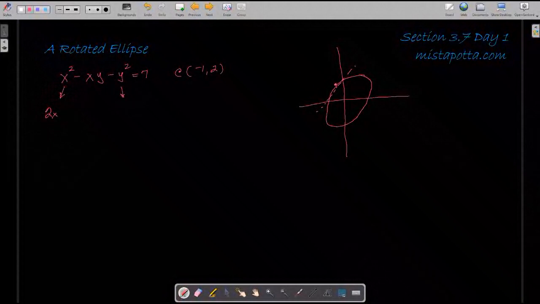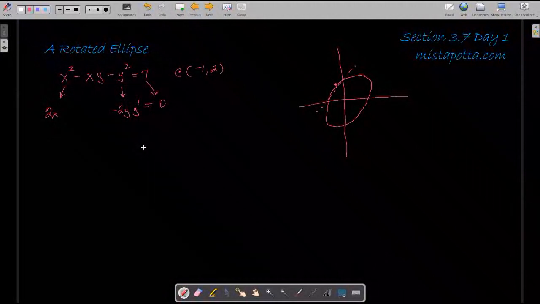If I take the derivative of this negative y squared, I end up with negative 2y y prime. And if I take the derivative of the constant term, I get 0. But this is going to cause an issue here, because what I've really got is a negative x times a y, and so I have to use the product rule.